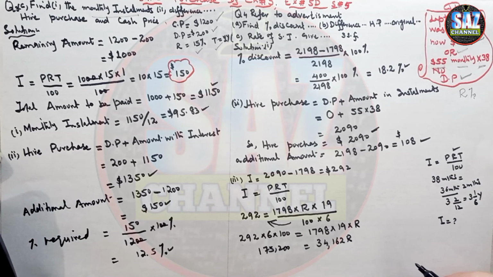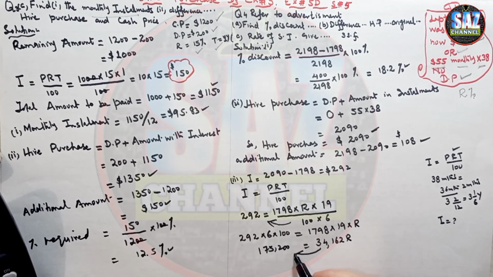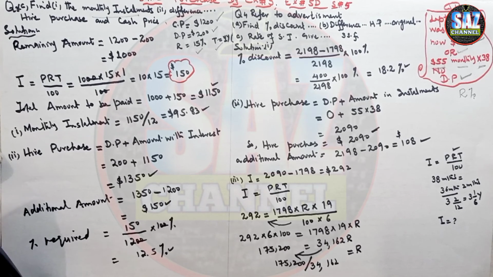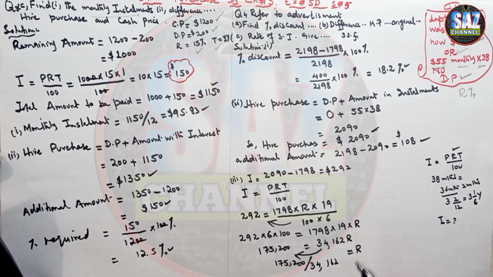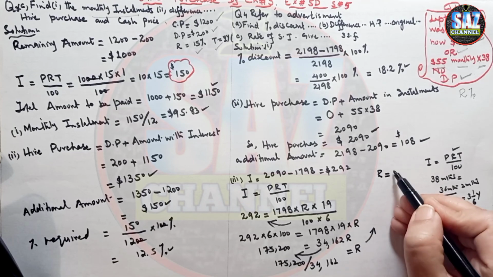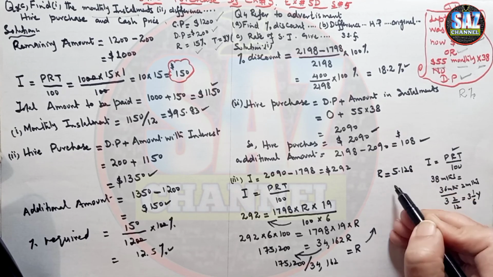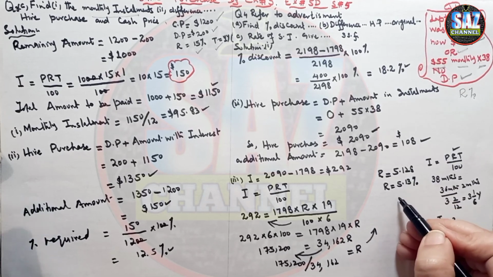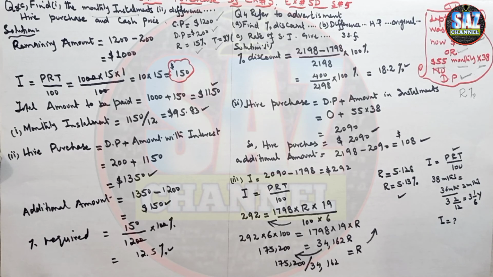Now I have to get the value of R, so I will be dividing 175,200 by 34,162, which is equal to R. The answer is 5.128, so R equals 5.13%. So the rate of the interest is 5.13%.